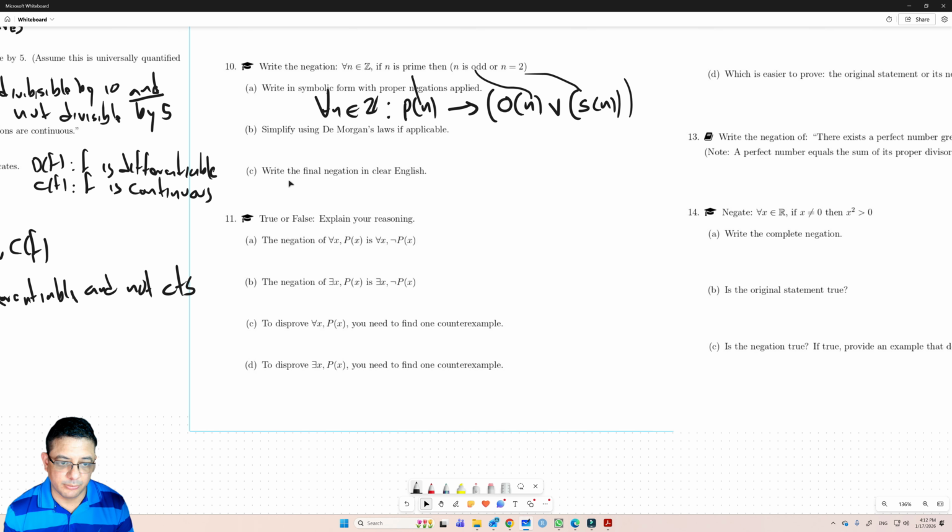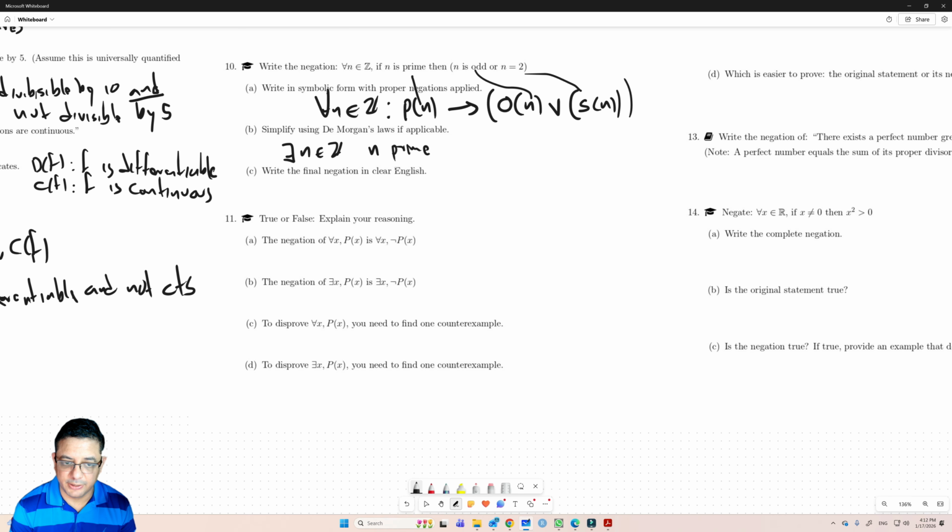So if we want to write here the negation in clear English, the way that we do that is there exists an n that belongs to C such that n is prime, which is our first thing, and n is even, and n is different from 2. Notice that this will be the negation of this by De Morgan's law.